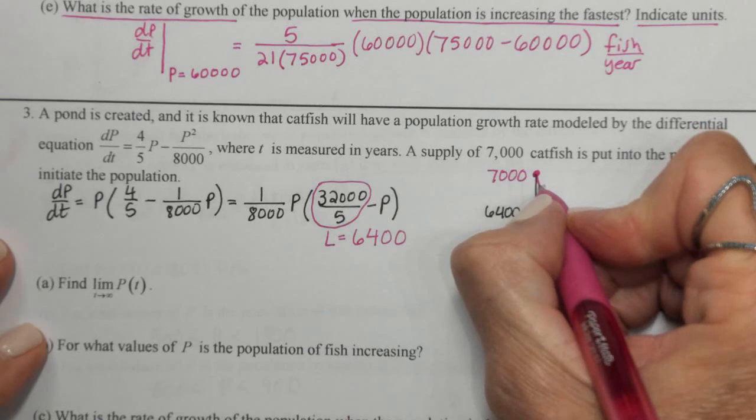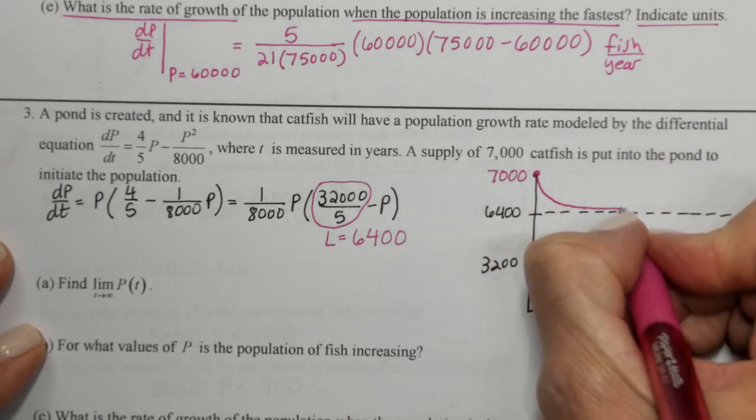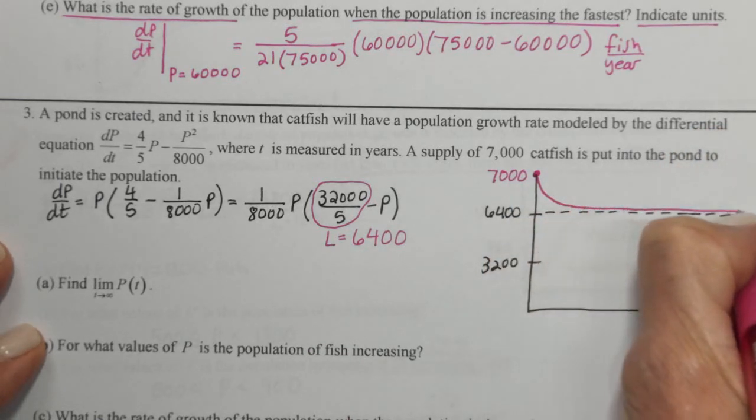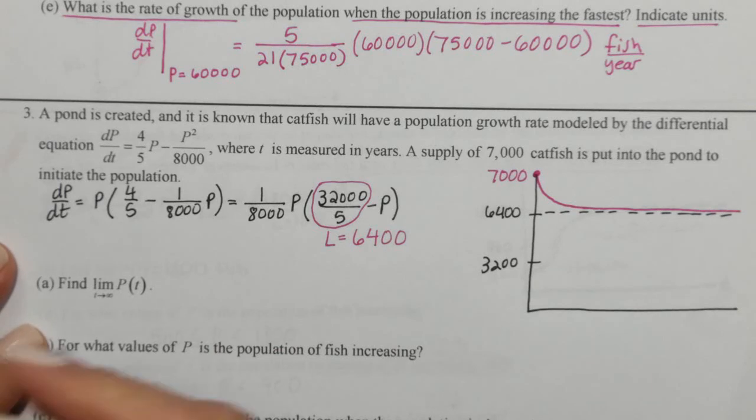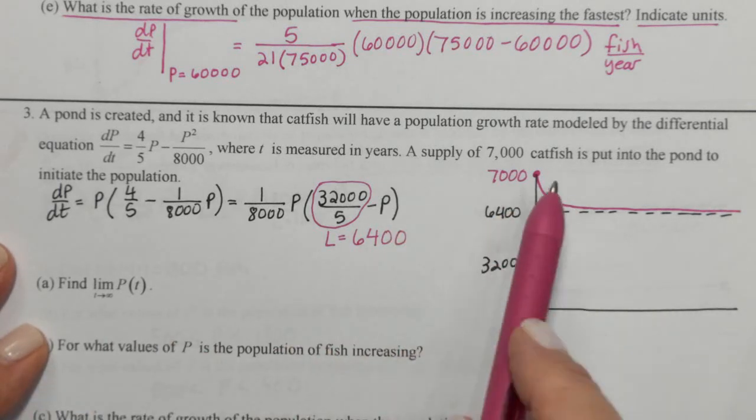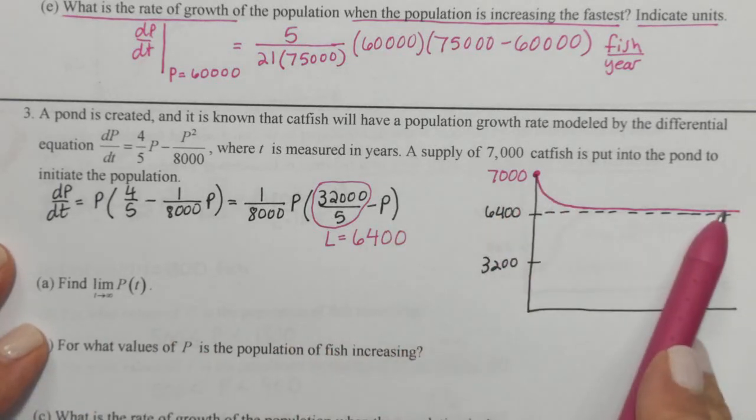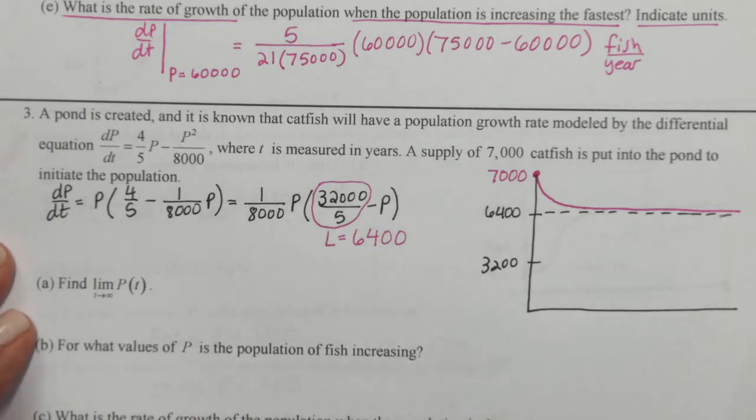So the solution curve here is going to look like that. According to the model, the fish will never actually reach 6,400. They'll always be a little higher, but in reality, they would end up right there eventually. Okay? That's what the solution curve looks like.